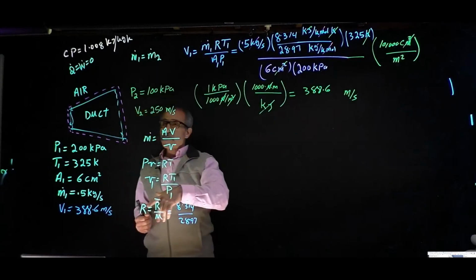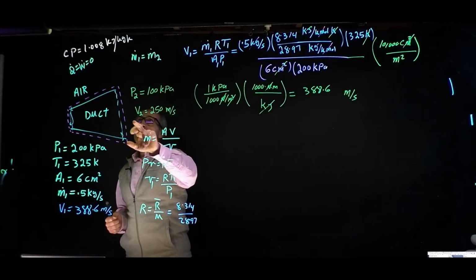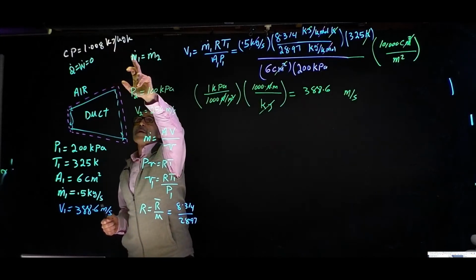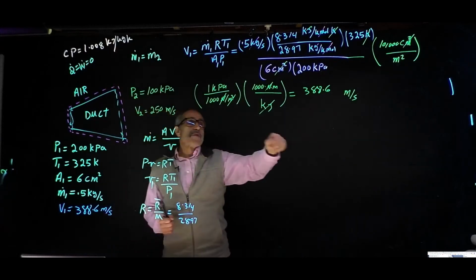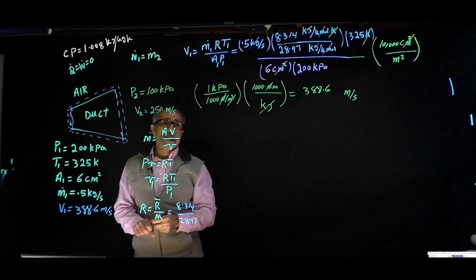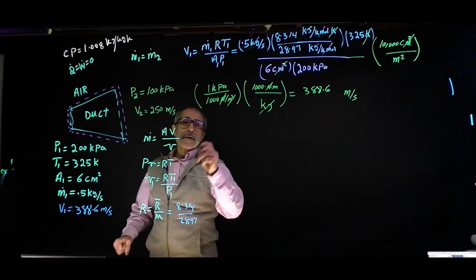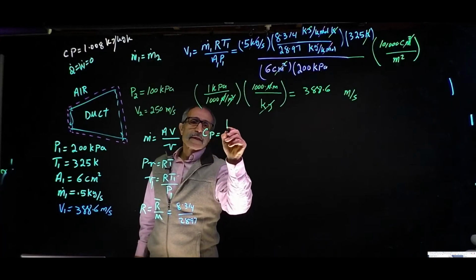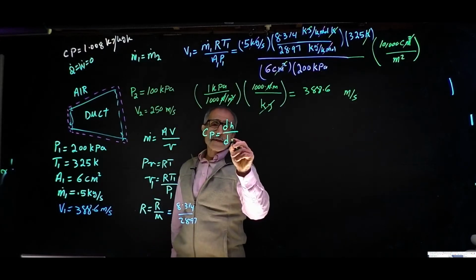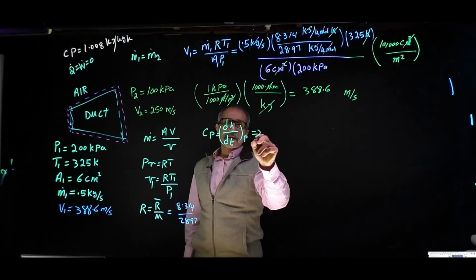For question number 2, they want to know what the temperature is right here at this exit. They also gave us Cp equal to 1.008 kilojoule per kilogram per Kelvin. Now, when we talked about specific heat, Cp is the same as dH divided by dT at constant pressure, so we can almost translate this as dH.